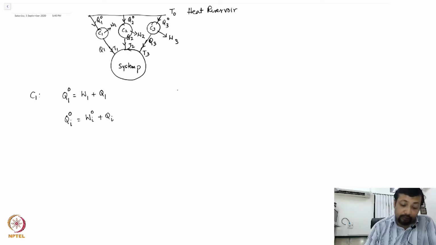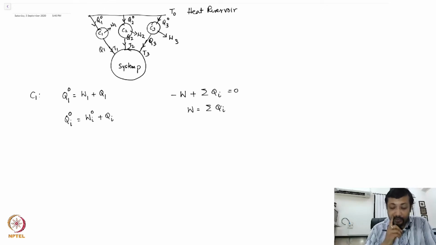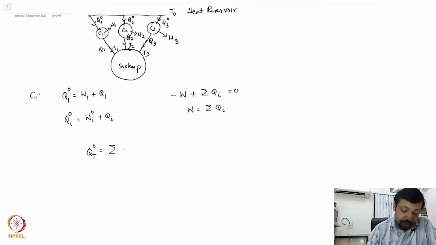The work done by the system is simply minus this, so if I write down the energy conservation for the system, then the work done by the system in the whole cycle plus the sum of Qi must be 0, and therefore W is the sum over Qi. What is the total amount of heat taken from the reservoir? It is the sum over Qi0.